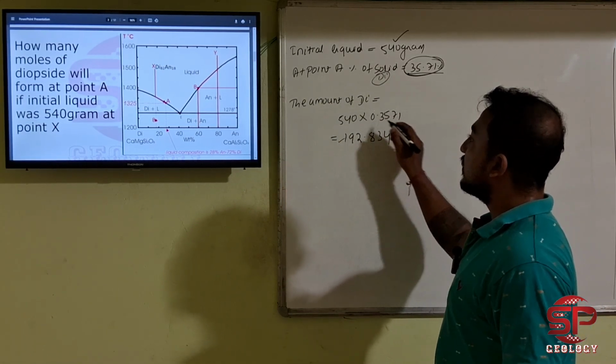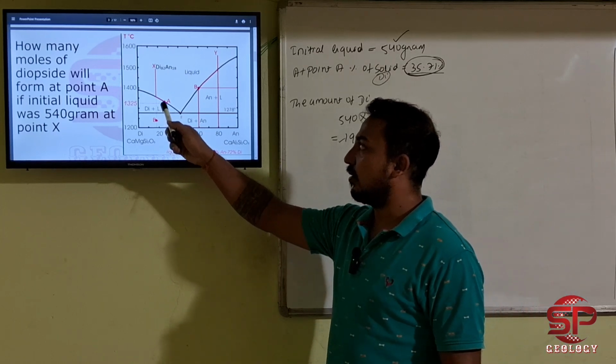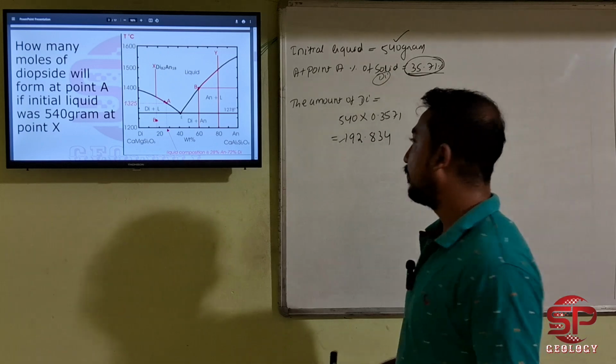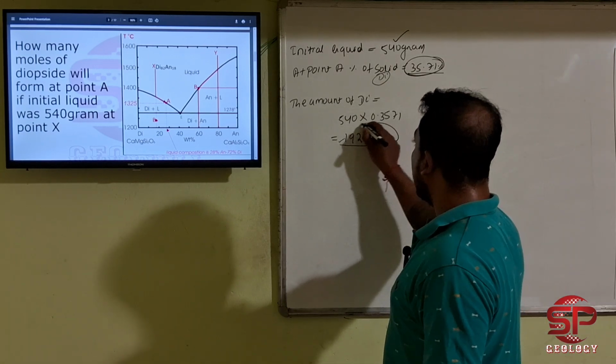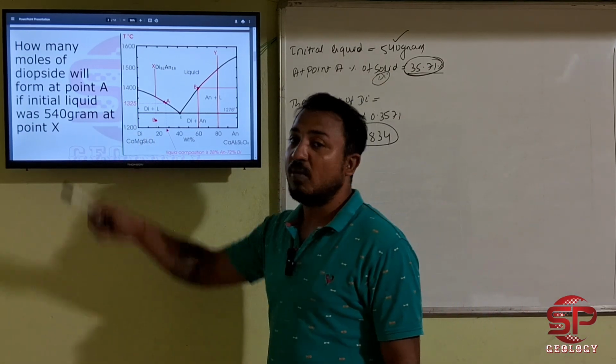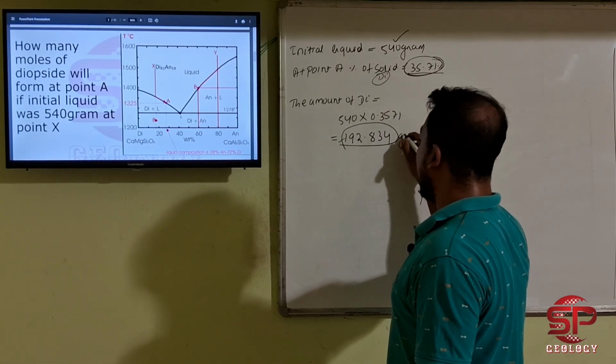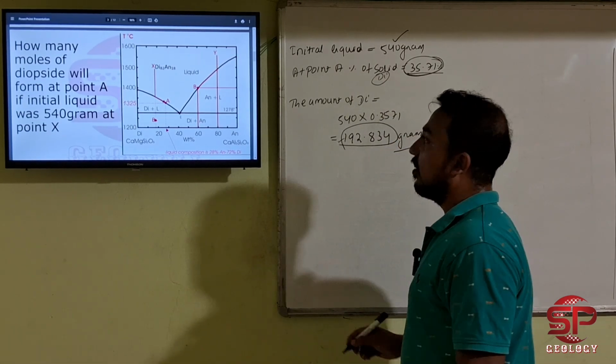So this much diopside is formed at point A if the initial composition we have taken is 540 gram. Now the question asked is how many moles of diopside will be produced at point A. So this many grams of diopside form at A.